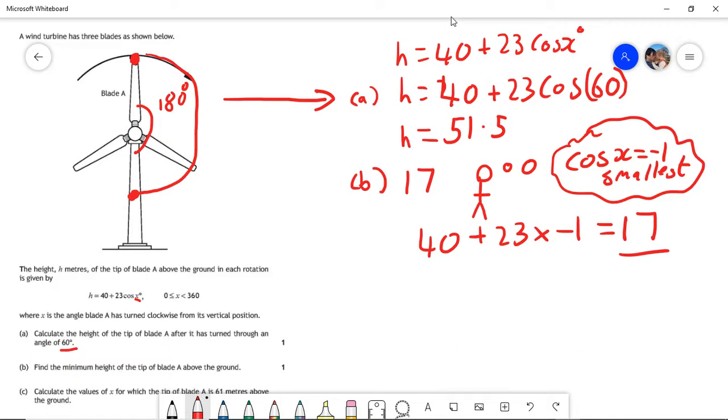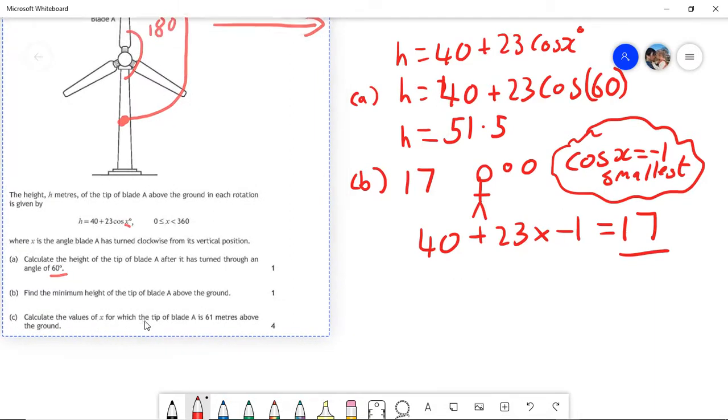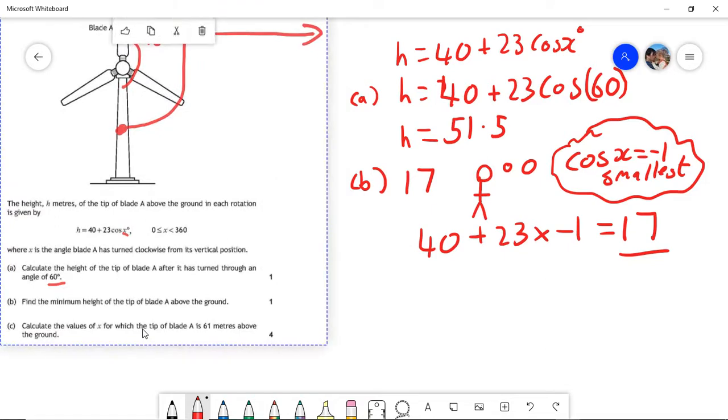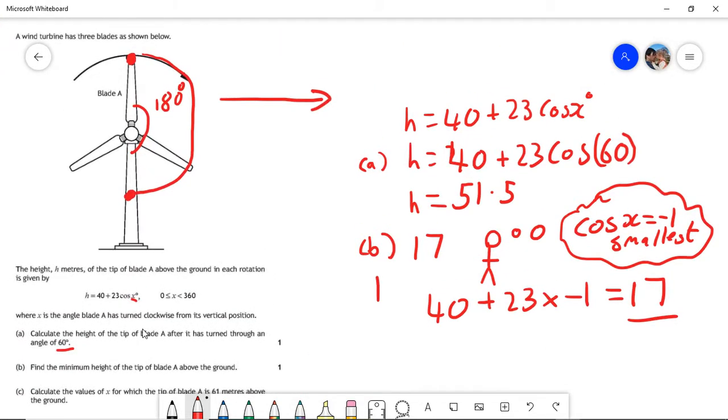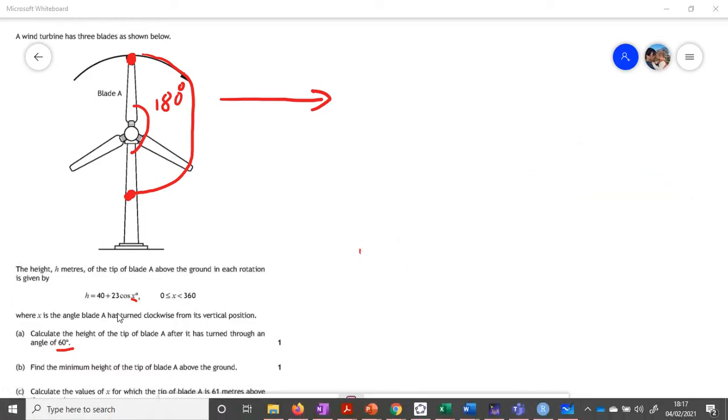Now, question C is the solving the equation question. So if I move this, it says calculate the values of x for which the tip of the blade A is 61 meters. So what it's done is it's giving you a height.